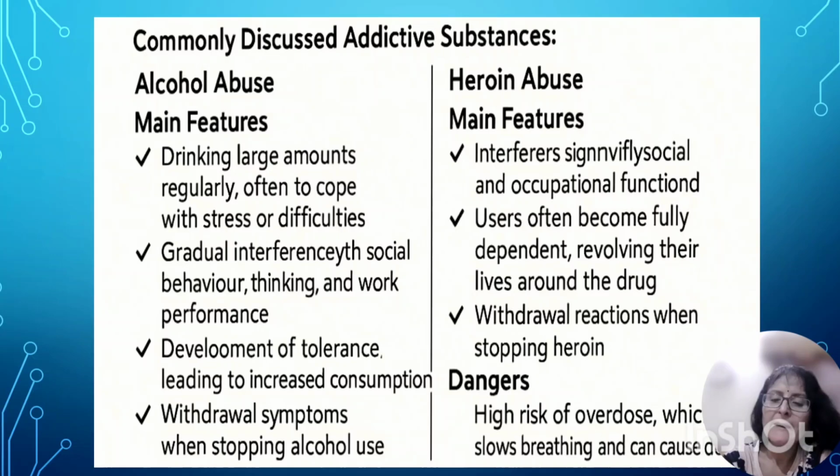Now, the question might come in your exams for alcohol abuse, what type of features the person experiences. There you can mention drinking large amounts regularly, often to cope with stress and difficulties. Easy way out: adolescents or even adults just want the easy way out.